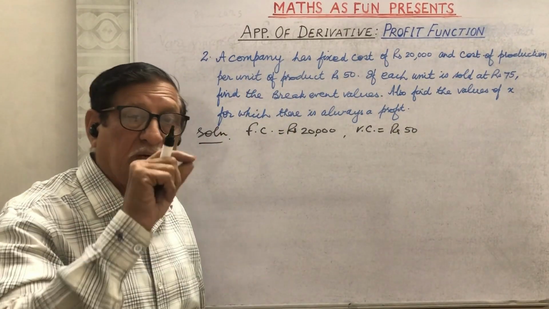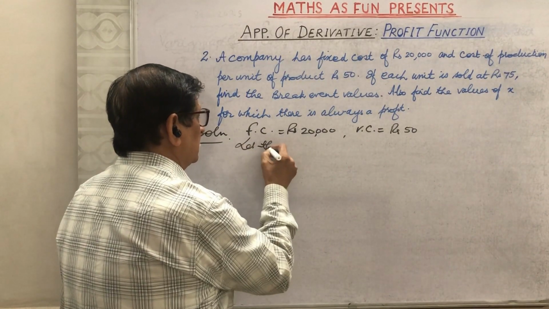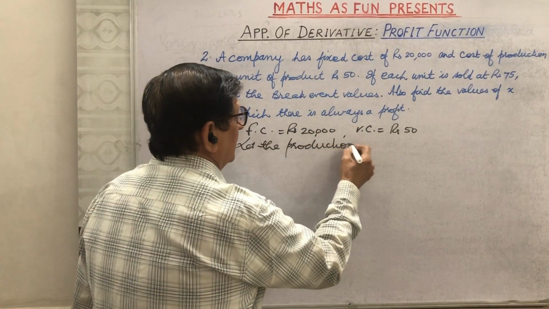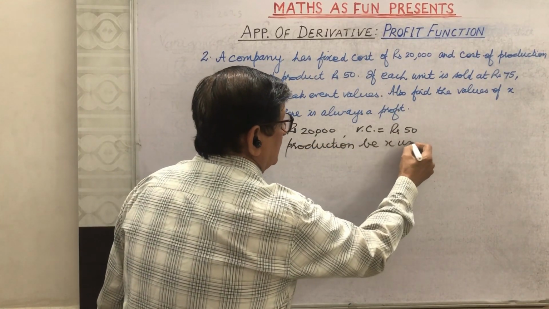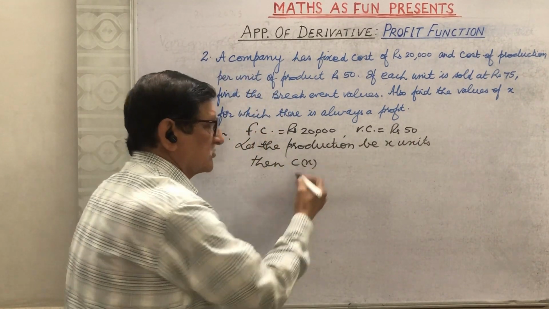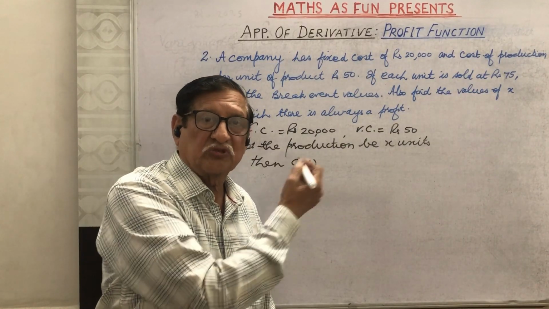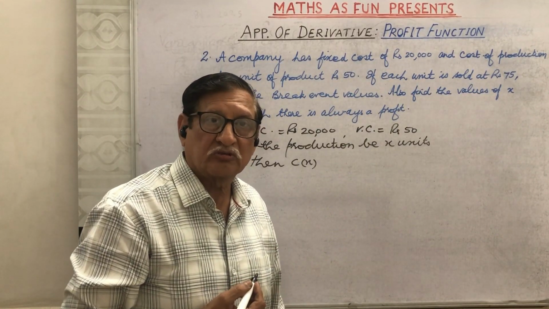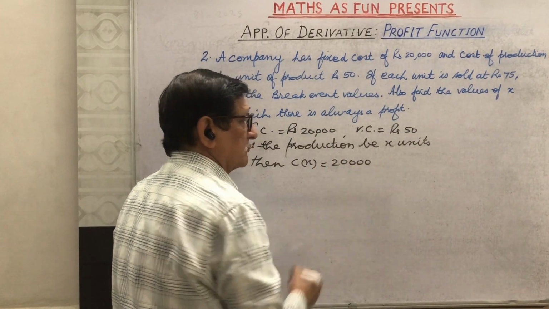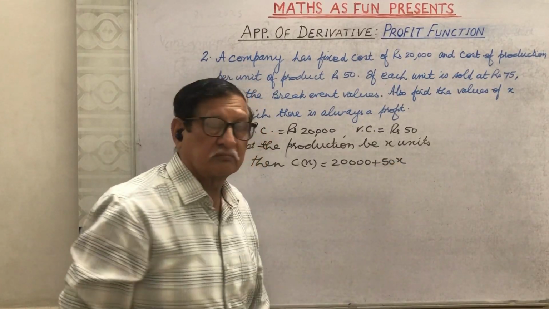If we produce number of units as x, let the production be x units. Then what will be the cost function C(x)? C(x) we know is fixed cost plus the variable cost. So will that be equal to 20,000 plus 50x or not?